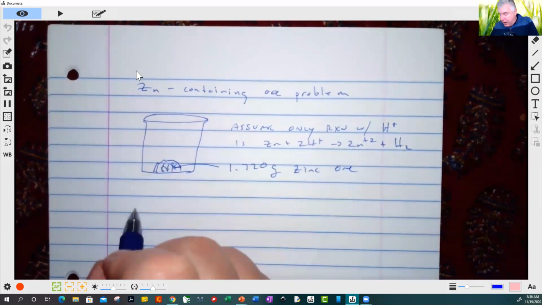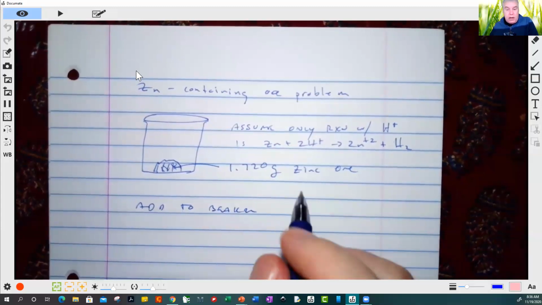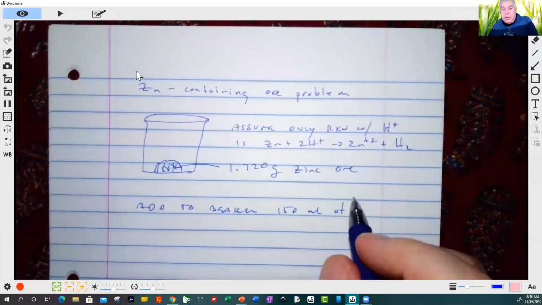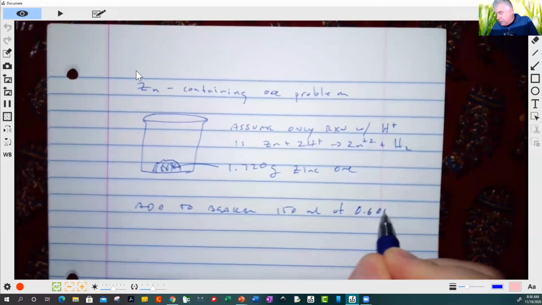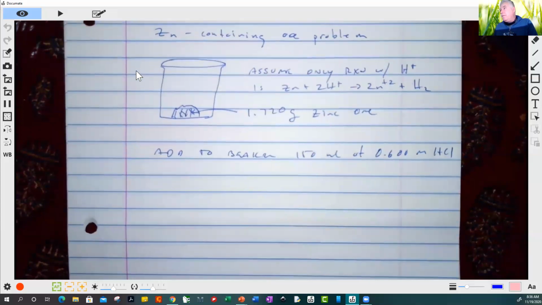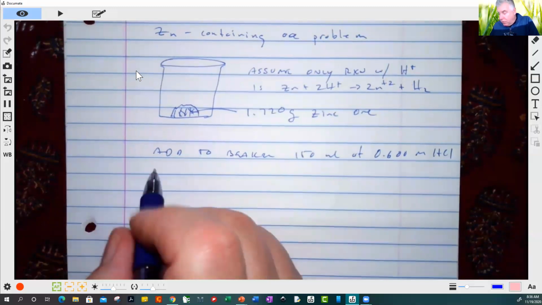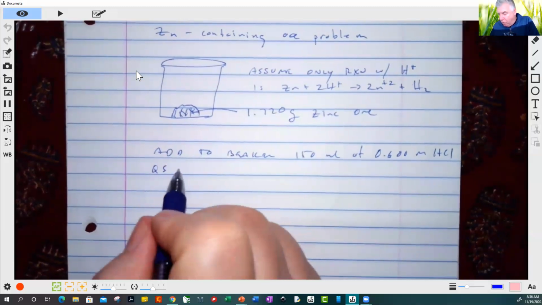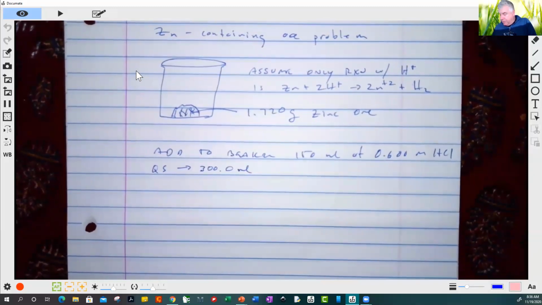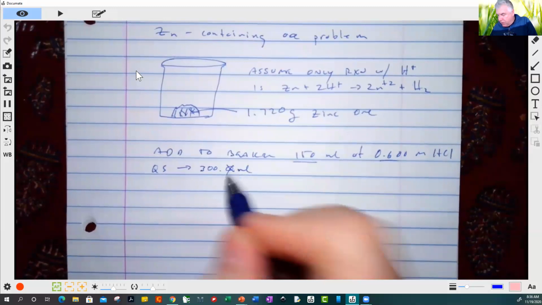Then what we're going to add to the beaker is 150 mLs of 0.6 molar HCl. And then we'll just add enough water to make this 300 milliliters. Actually, this is a 3 sig fig problem, so it's just 300 mLs, right?